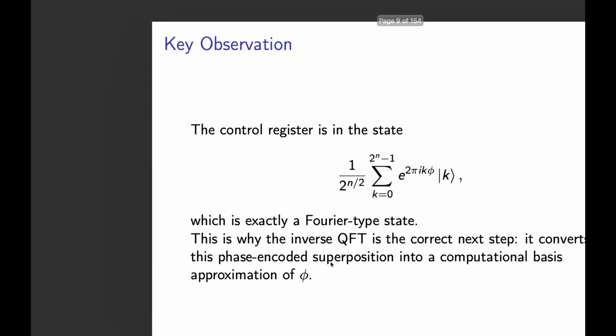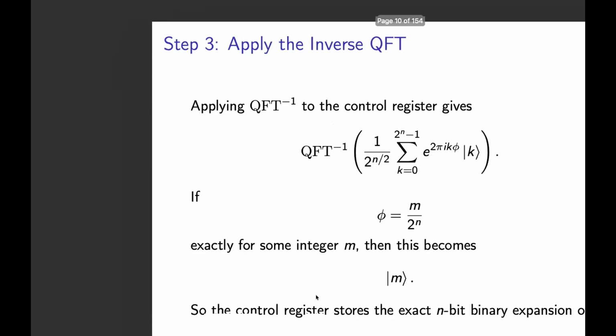It converts this phase encoded information into a computational basis approximation of phi. So you apply the inverse quantum Fourier transform, and you have the code for doing that from the examples from last week. Then you can extract phi, which is given by the number of bits divided by 2 to the power of n, the number of possible configurations.